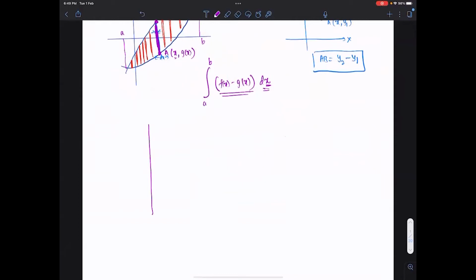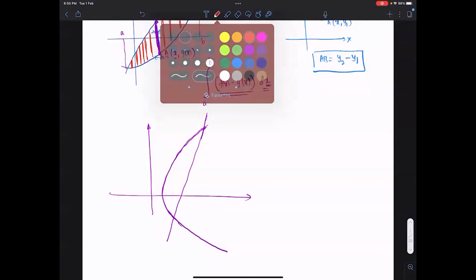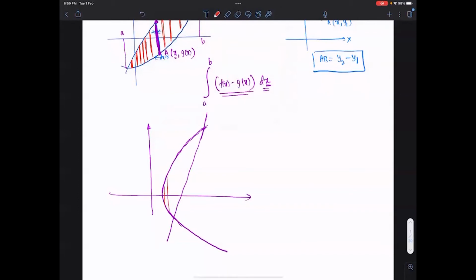Same way, if you have this kind of figure, let's say, this parabola, and there is a line which goes like this. Now I want the area bounded by this line and this parabola. Now here if I take vertical strips, then it will look like this. Now you see the below point I am calling A, above point I am calling B. Both of them have x and x.